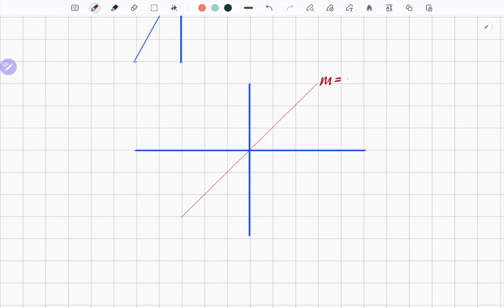That is a gradient of 1. It's exactly halfway: the angle is exactly halfway between the x and the y axes. So that is a gradient of 1.